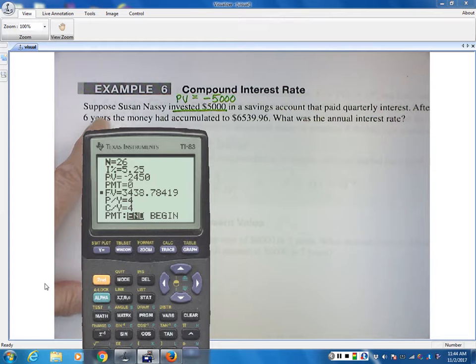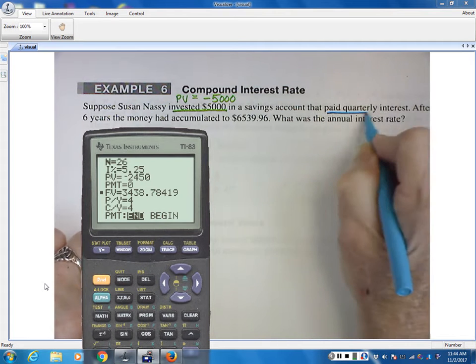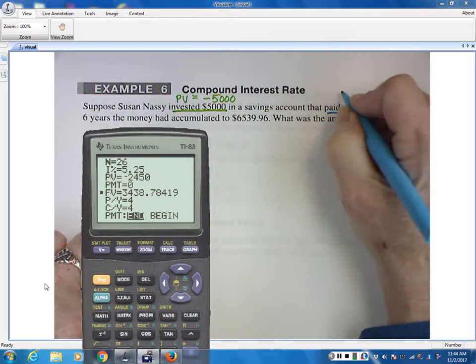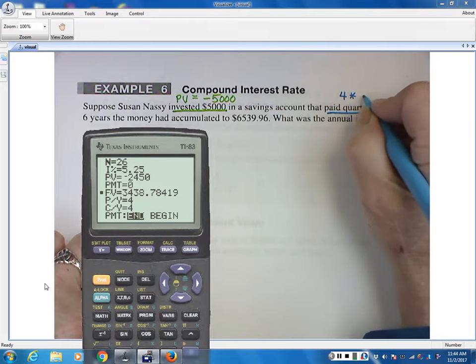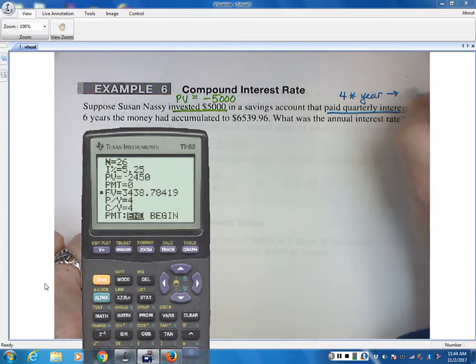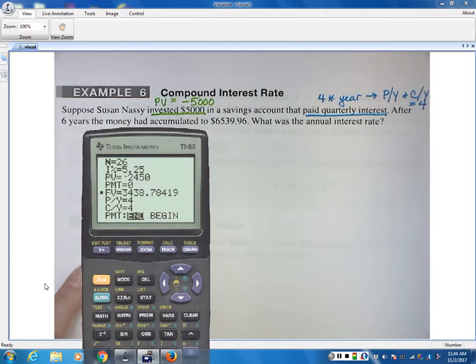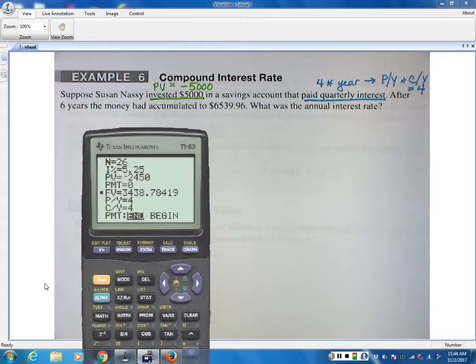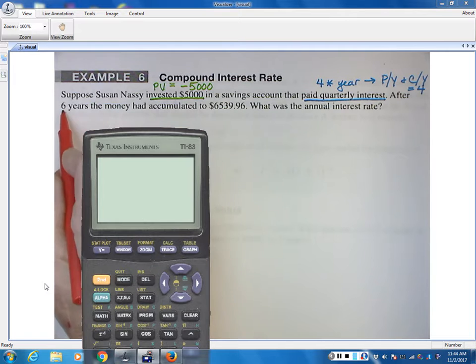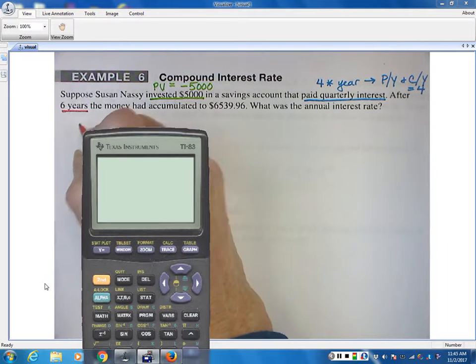In a savings account that paid quarterly interest, that means P/Y and C/Y are both going to be 4. After 6 years, so her number of years is 6.